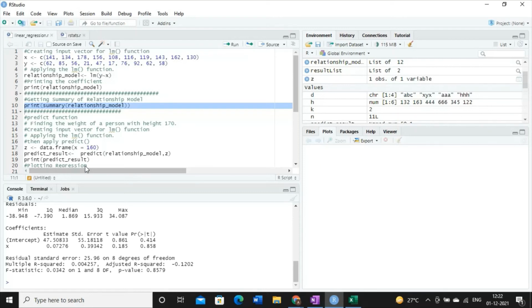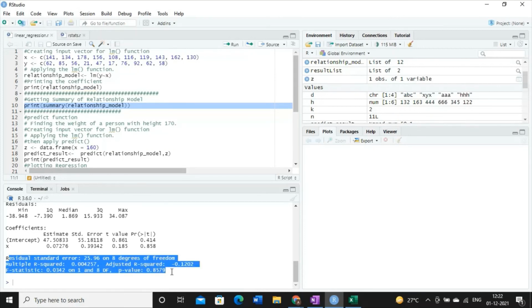But understanding the summary function is difficult because it is associated with statistical analysis values. So from the next class onwards, we are going to learn the meaning of each and every term that we have mentioned over here.